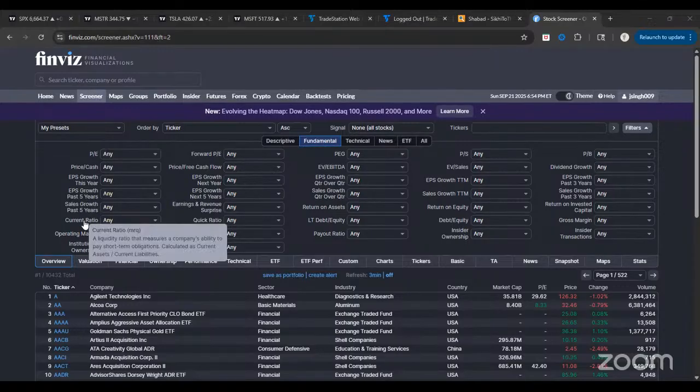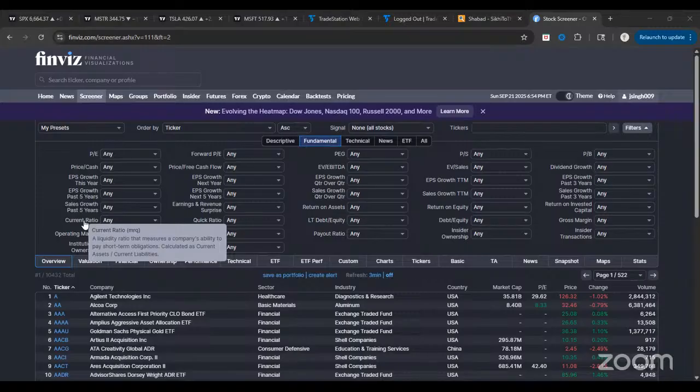Okay. Current ratio: a liquidity ratio that measures a company's ability to pay short-term obligations. I think this is much easier to understand. The only word that might confuse you is obligations. What are obligations?